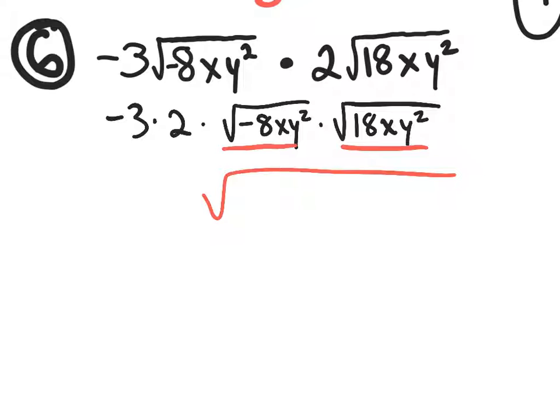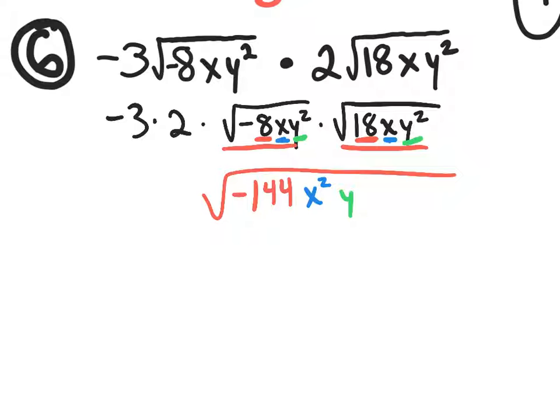Now, you guys have calculators. If I did negative 8 times 18, I believe you get negative 144. Is that right? Yeah. Okay. If I did the x times this x, what do I get? x squared. And if I did this y squared times this y squared, what do I get? y to the fourth.